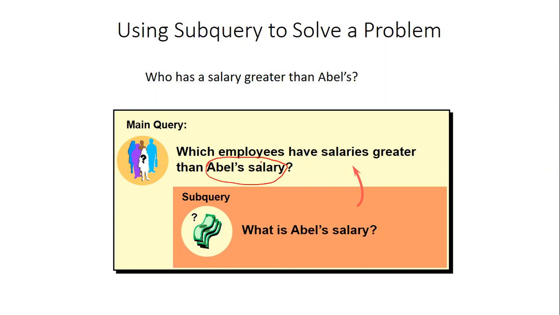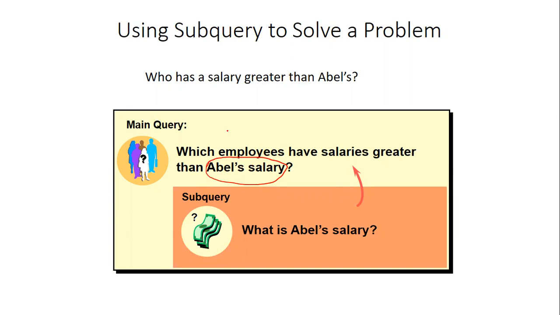In that case you can run a separate query to identify Abel's salary, and then compare the salary of other employees with Abel's salary. So Abel's salary identification will be executed first, then the result of that query will be fed to another query to fetch the list of employees whose salary is greater than Abel's salary.